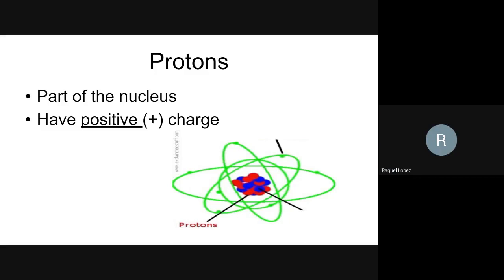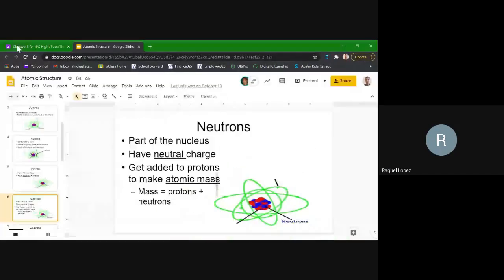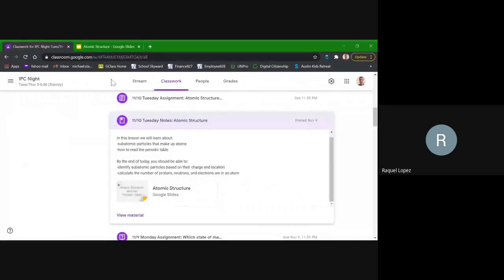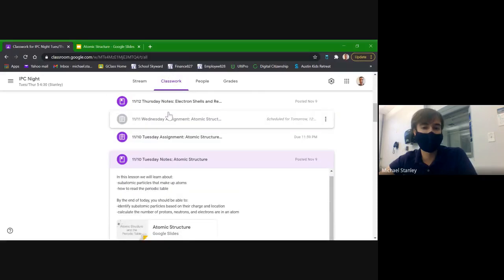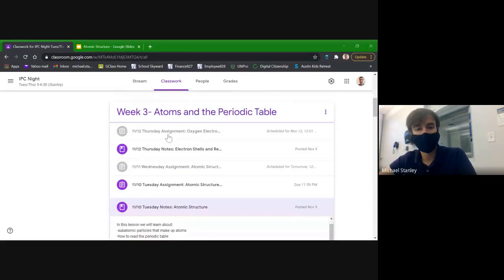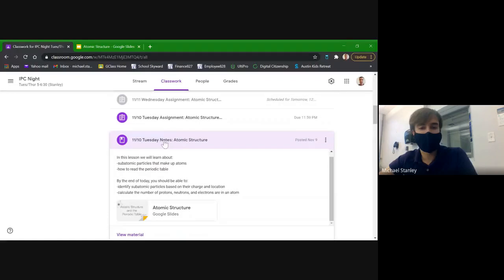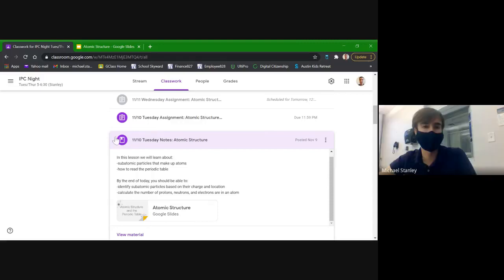So the 11-10 Tuesday notes are what we are looking at right now. If you go to the classwork tab of the Google Classroom under week 3, we are going through the atomic structure notes. Found it. Thank you. You're welcome.